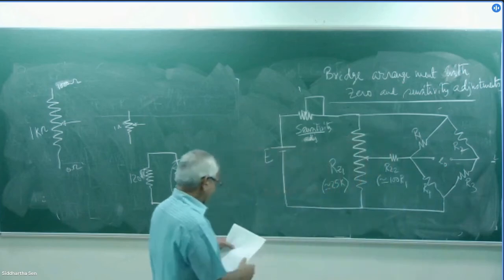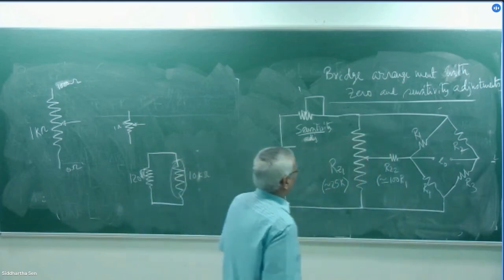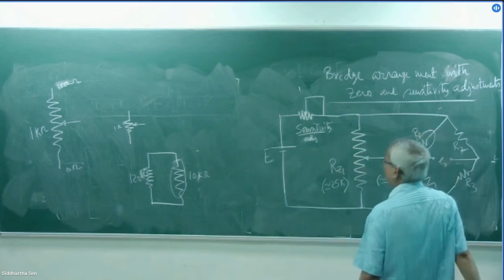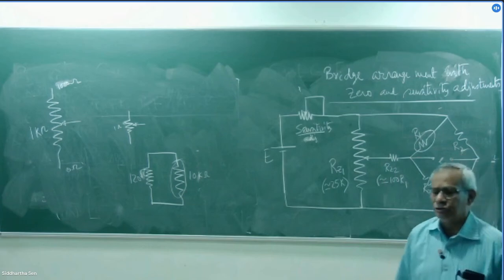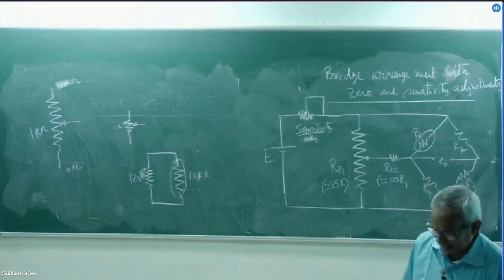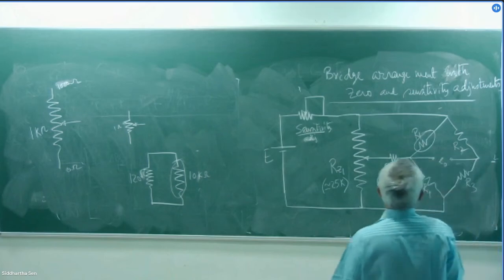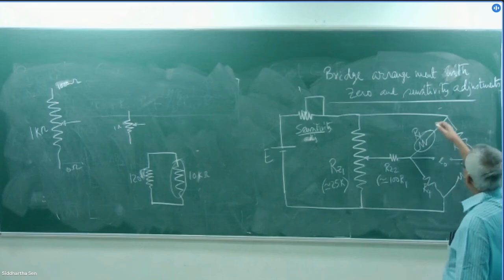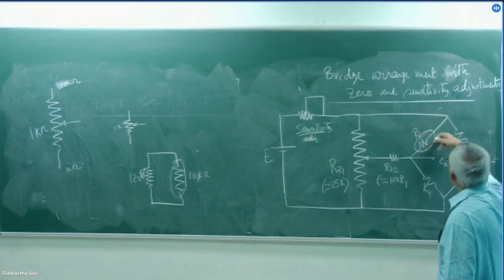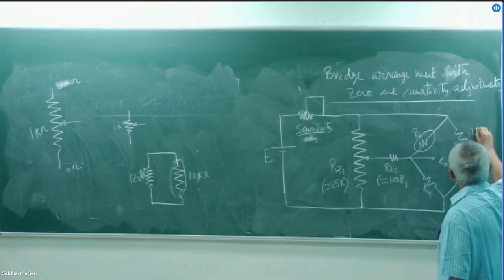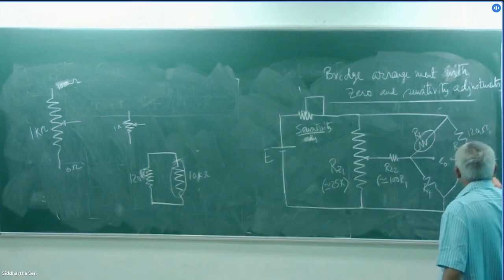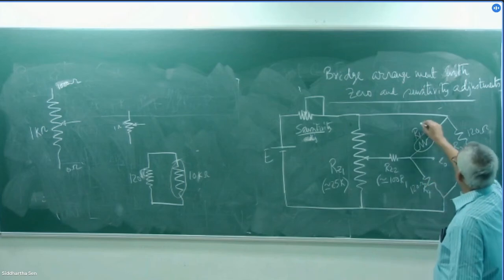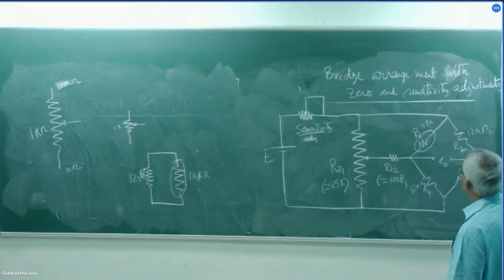So what we can say is that, for the sake of simplicity, I say this is only one arm of the bridge, though we don't use one arm of the bridge as the strain gauge. But for simplicity, I say this is our strain gauge there. Suppose all of them are 120 ohm, but if it is not exactly 120 ohm, but maybe say 119 ohm, what will happen?